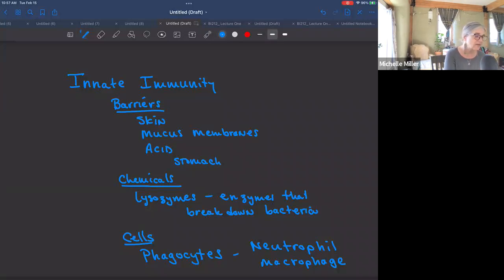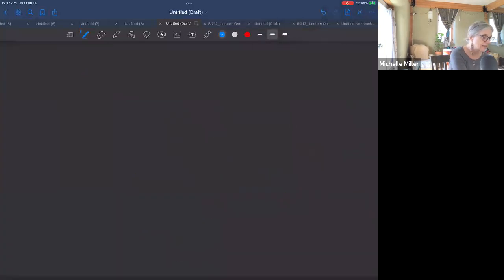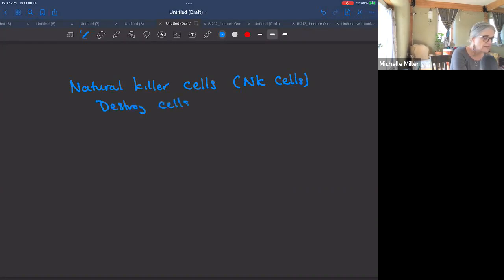We also have some cells which are called natural killer cells. So if we look at these natural killer cells, or NK cells, so these are NK cells. They actually destroy cells that are infected with a virus or cancer cells.